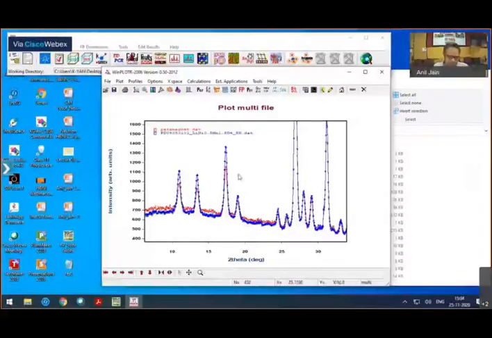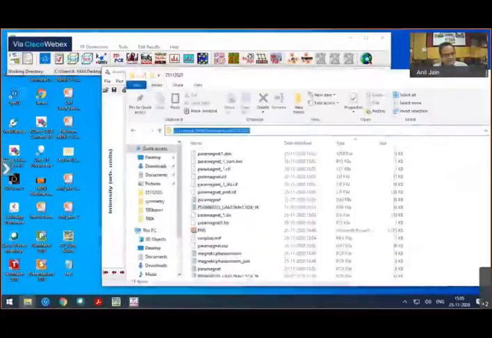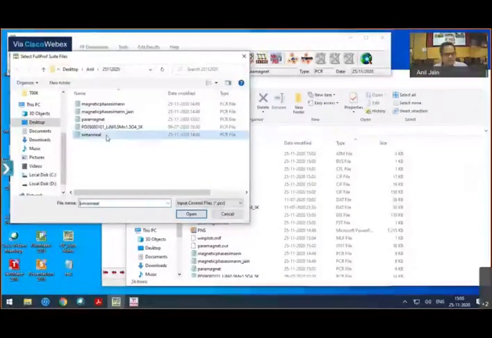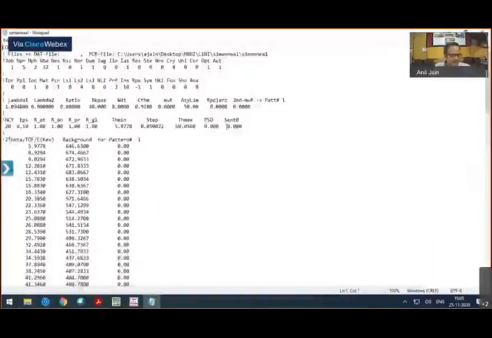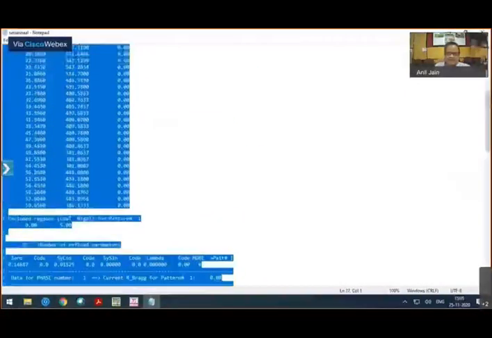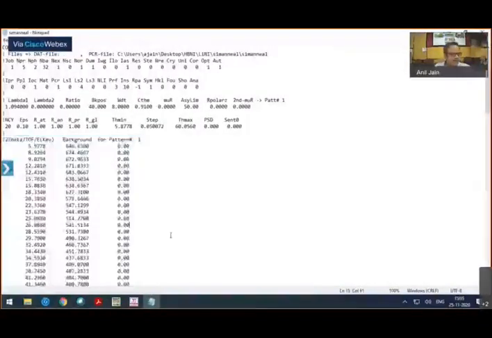Now the idea is I make this simulated annealing file. How do I make it? I add an additional phase. Let me open this file, which is called simulated annealing. Up to this point, it is the same as your previous nuclear phase, meaning the paramagnetic phase.